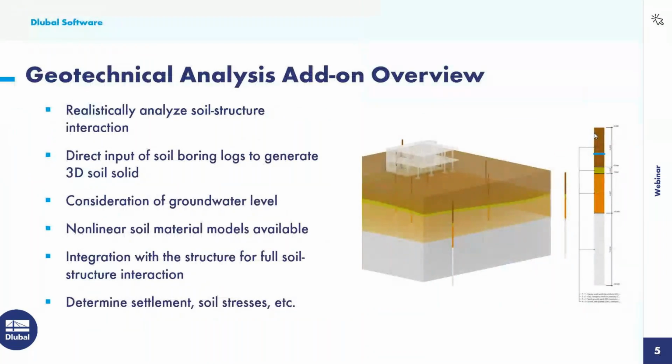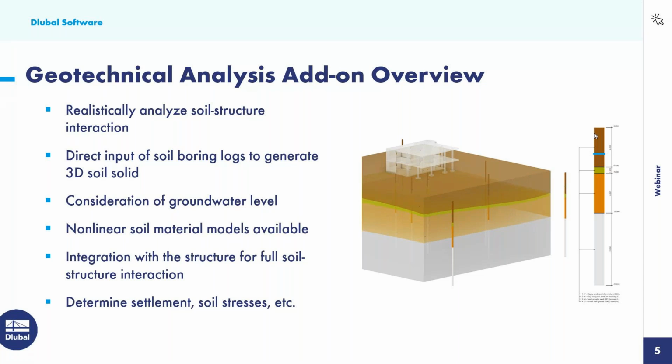So on the next slide, I want to give a quick overview of the geotechnical analysis add-on and some of the benefits that it can bring to us. With this add-on within the program RFEM 6, we can realistically analyze soil structure interaction. We do so by directly inputting what we call the soil boring logs.